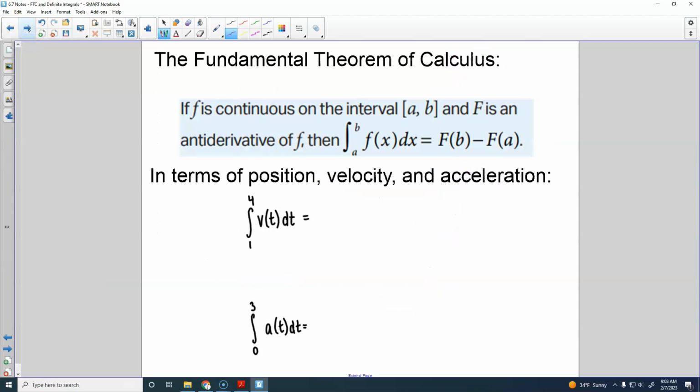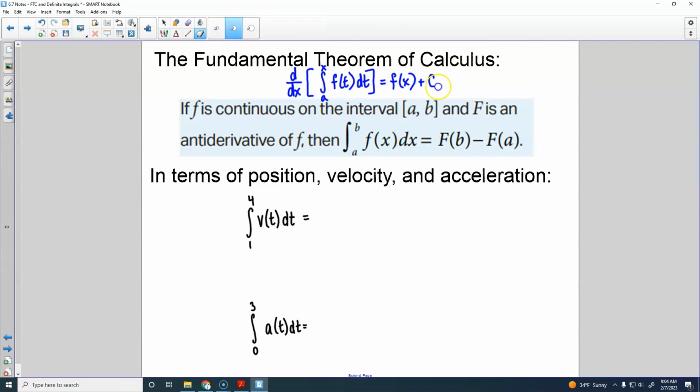All right, so the fundamental theorem of calculus. We talked about one version of the fundamental theorem of calculus. If we take the derivative of the integral from a to x of f of t dt, it's just going to give us f of x.